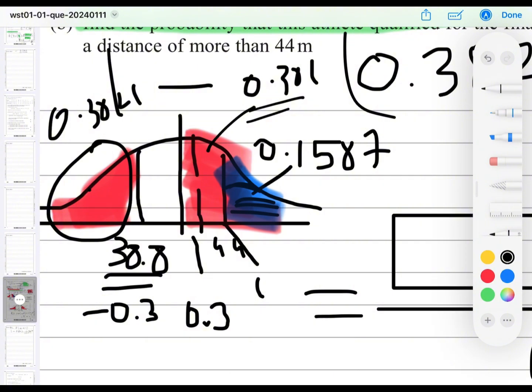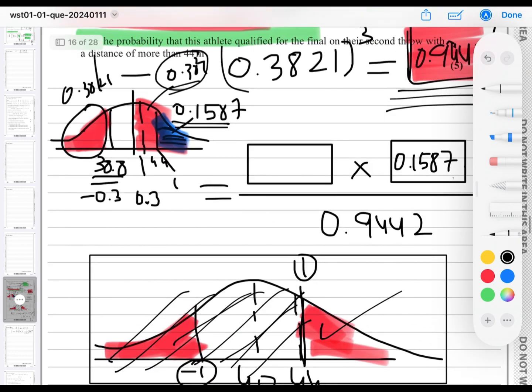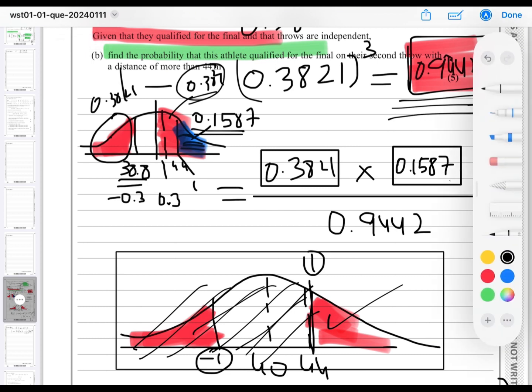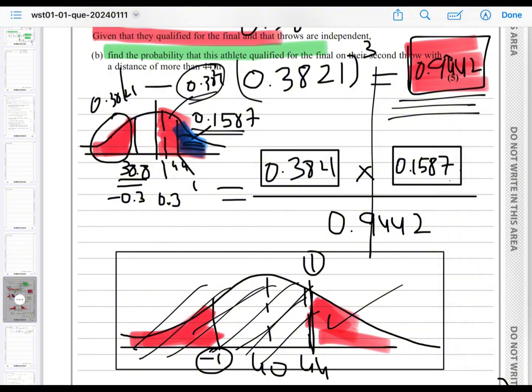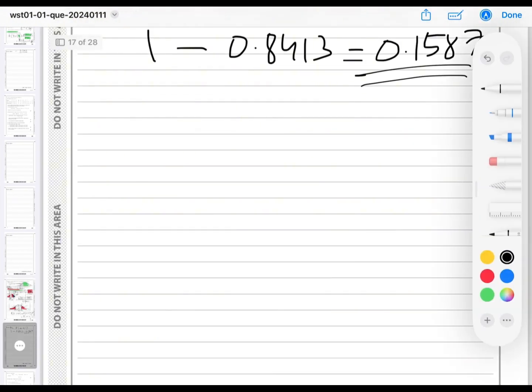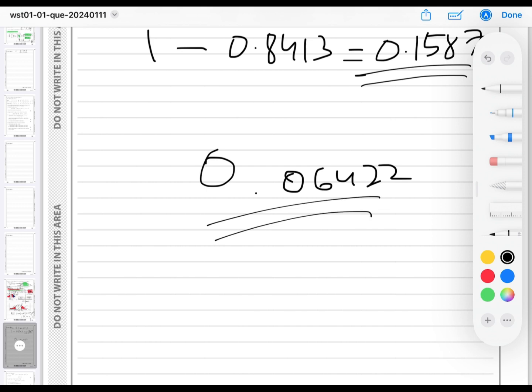So basically this 0.1587 lies here with this. So we will multiply this by 0.3821, and that's how we will get the answer, and the answer will be, let me calculate this, 0.06422. Okay, I hope this is clear.